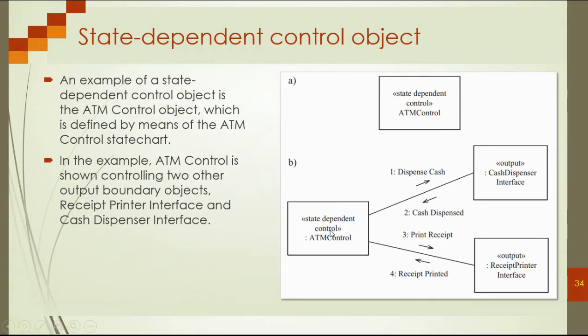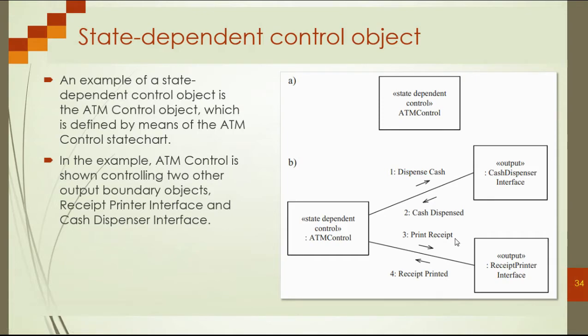For example, printing the receipt will not be done before dispensing the cash. So the sequence of the states is important. The sequence of the operations is important.